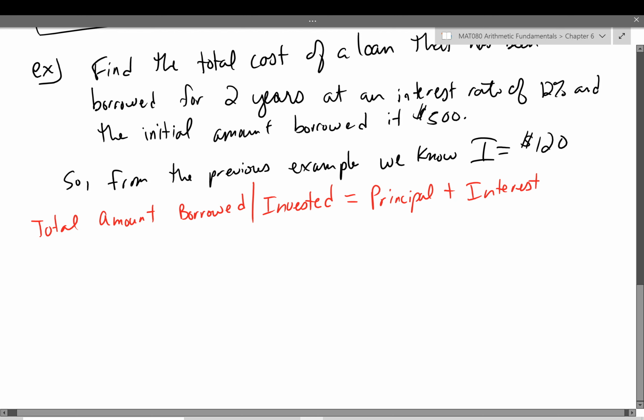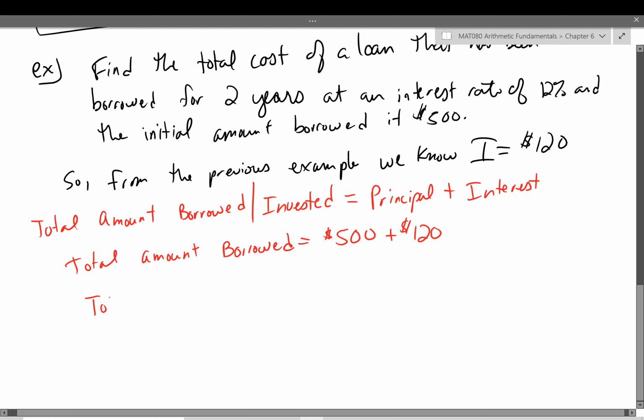So for our problem, the total amount borrowed is going to equal the principal. Well, we initially borrowed $500. We know after 2 years, we're going to pay $120 in interest.